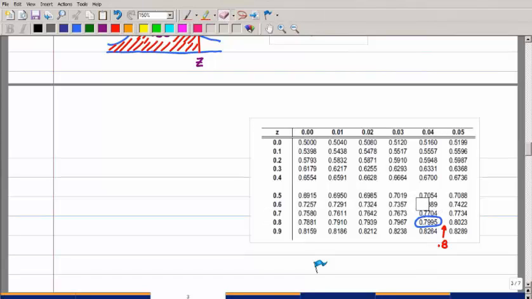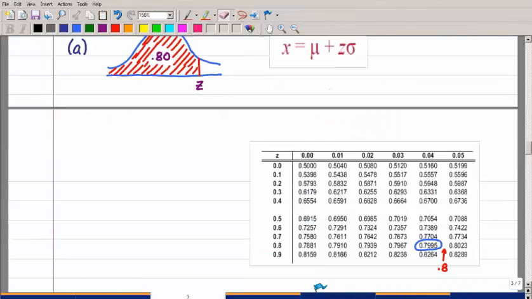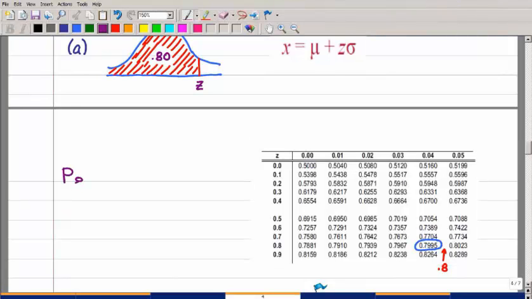So it's on the 0.8 row, 0.04 column, so my percentile value is 0.84. So I'm going to write P of 80 is 0.84.